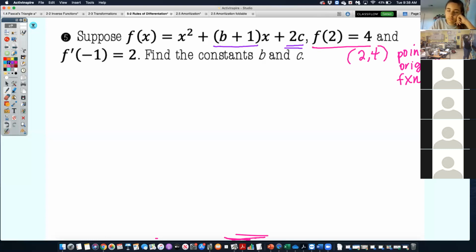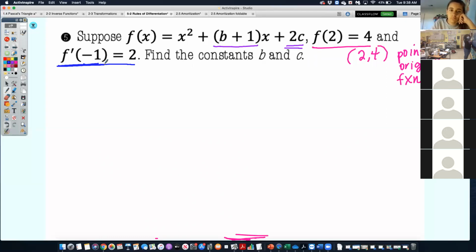Now over here, you have this notation. What does f prime mean? And we know that the derivative is associated with what? More specifically, it represents the gradient of the tangent line. So again, -1 is in that x spot, and f prime of -1 is equal to 2.